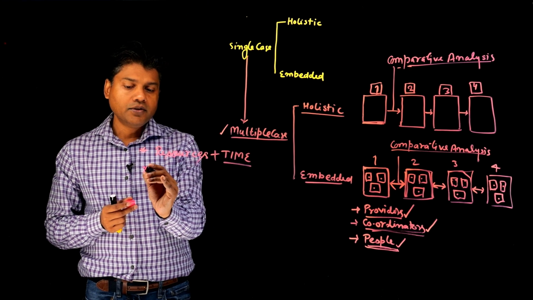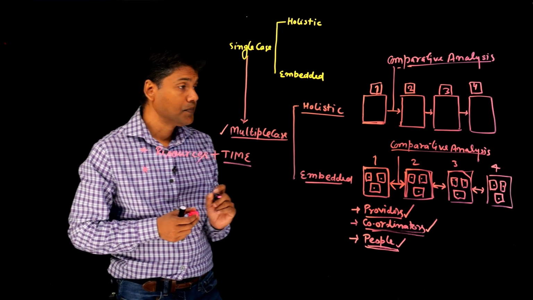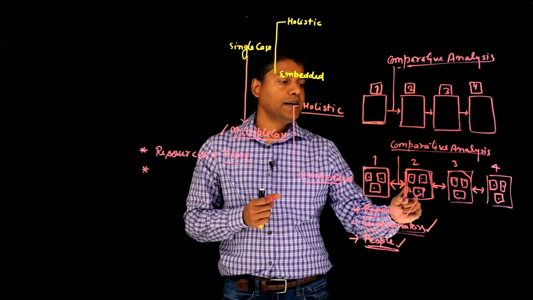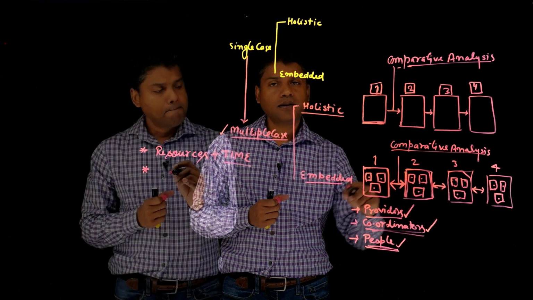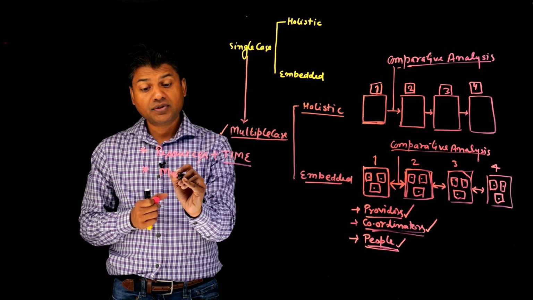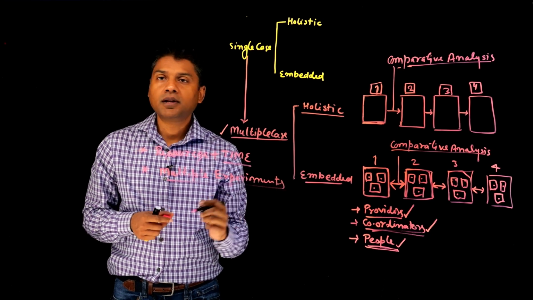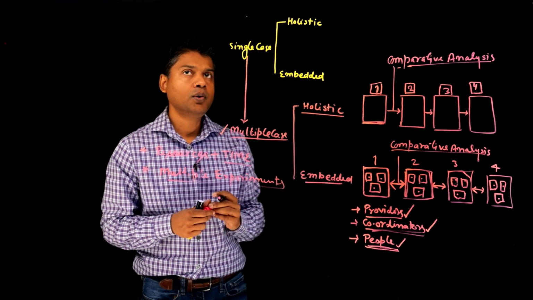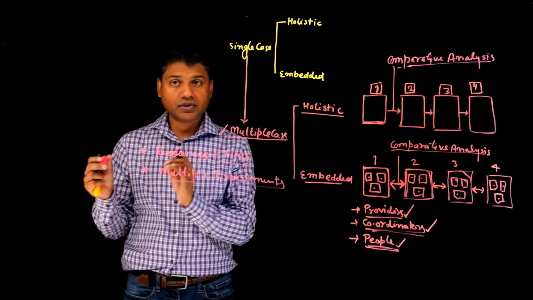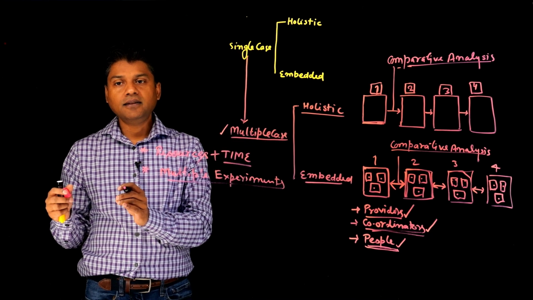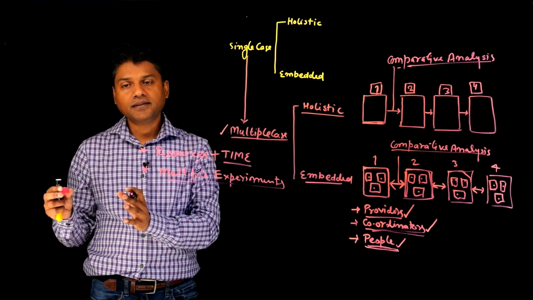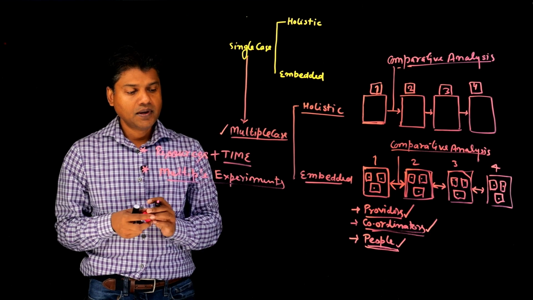Another important thing to keep in mind is these multiple cases are like multiple experiments. What do I mean here? Think about if a researcher is conducting a study, and then you have your findings from that experiment.